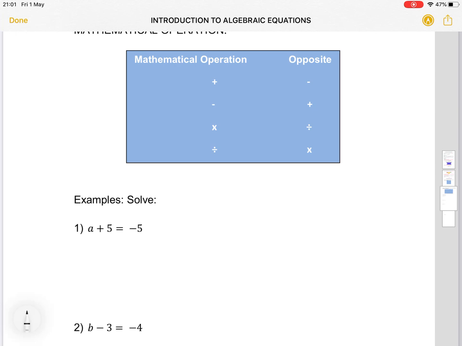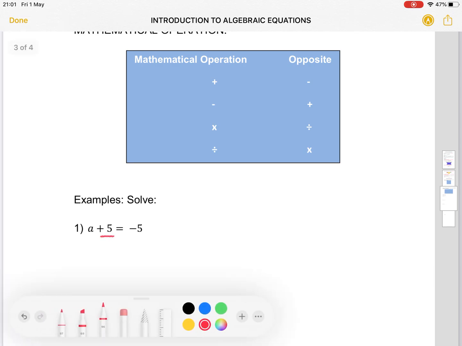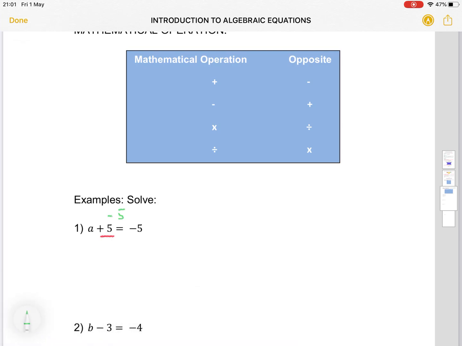Now, to bring a on its own, since on the side of a there's also a plus 5, we need to remove that plus 5, and we remove that plus 5 by subtracting 5 on both sides.